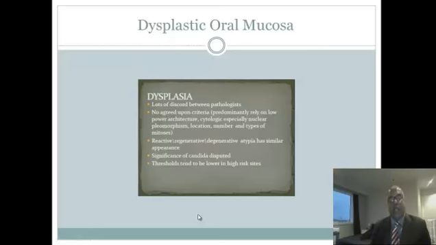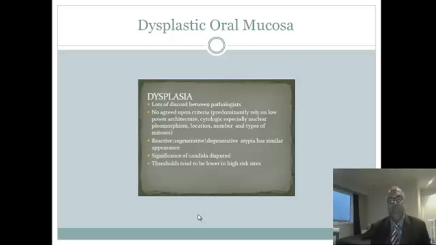When we then talk about dysplasia, there is a lot of discord between pathologists because when we talk about mild, moderate, and severe dysplasia, mild dysplasia is suggested to be changes in the bottom third of the epithelium. If the changes occur into the two thirds of the epithelium, it's moderate, and if it's the full thickness, it's called severe dysplasia and/or carcinoma in situ.